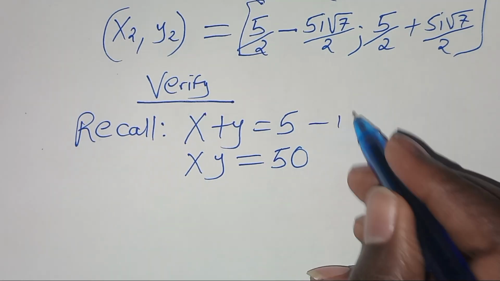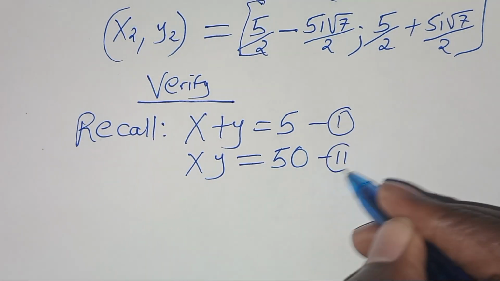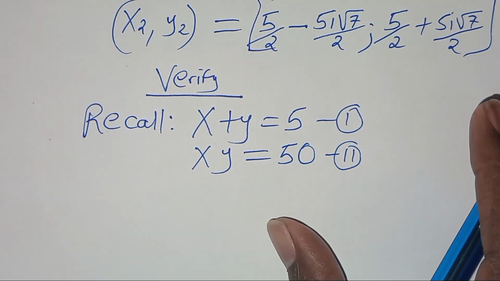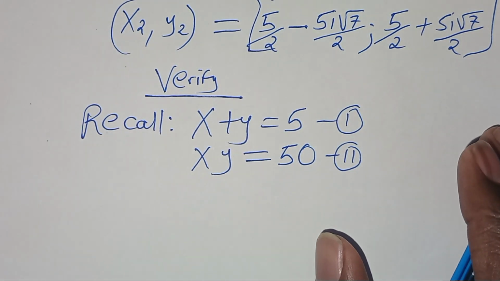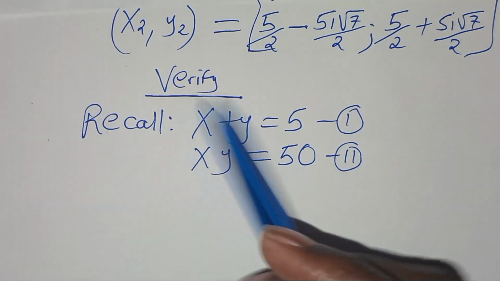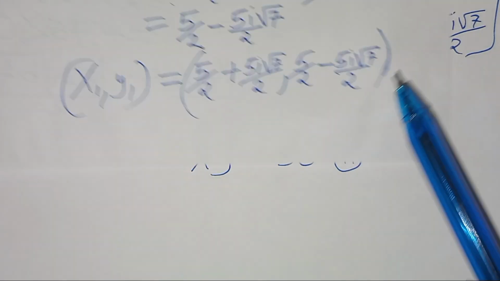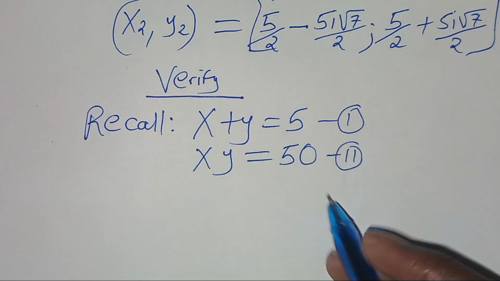So we can verify this with equation 1. So let's check x1 and x2 if this satisfies, x1, y1 in other words, x1, y1, which is this. Let's check if this satisfies the equation.